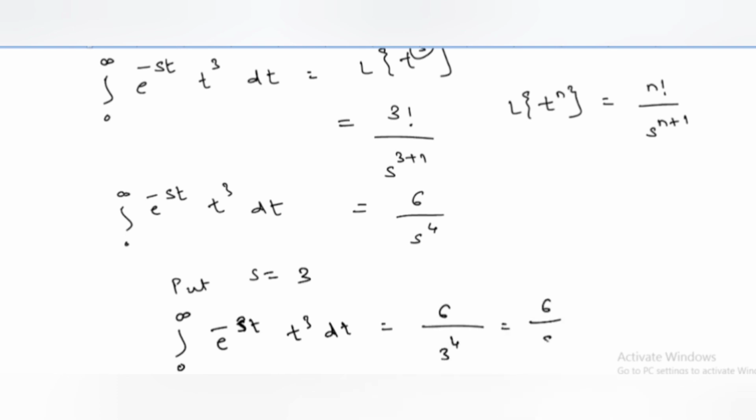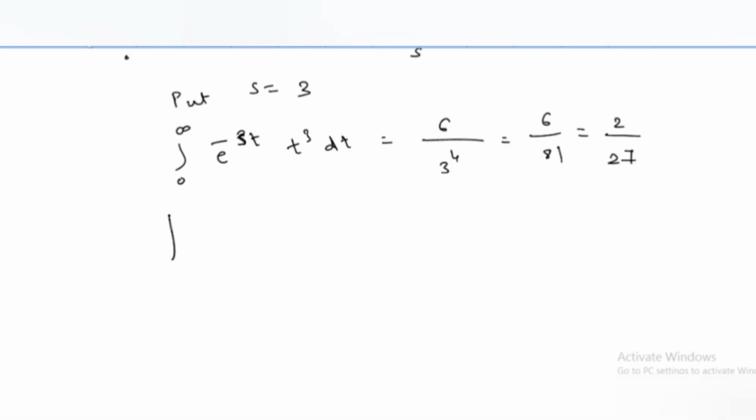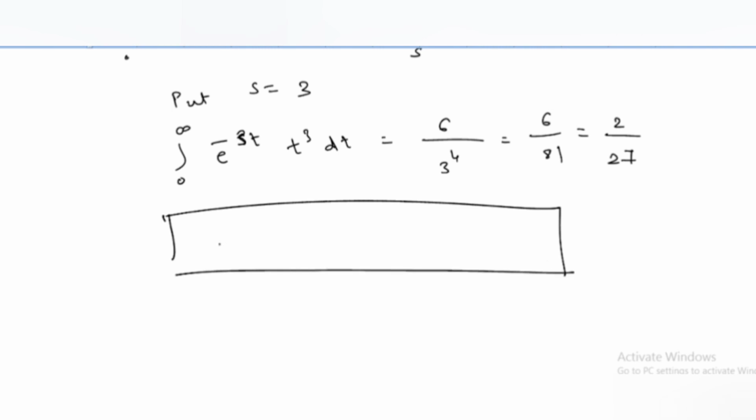So 6 upon 81 is the same as 2 upon 27, as 3 gets cancelled. So this is the value of the integration from 0 to infinity e raised to minus 3t t raised to 3 dt, which is equal to 2 by 27. Thank you.